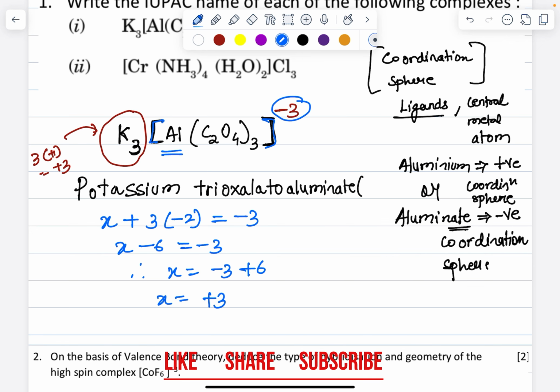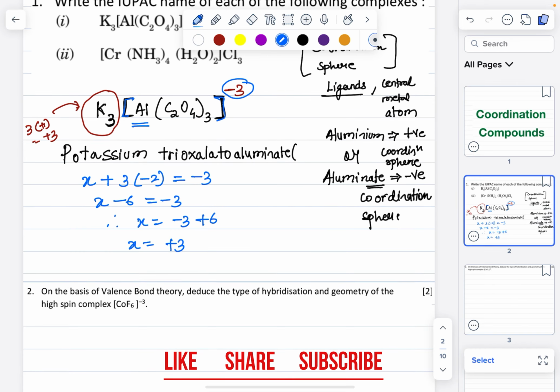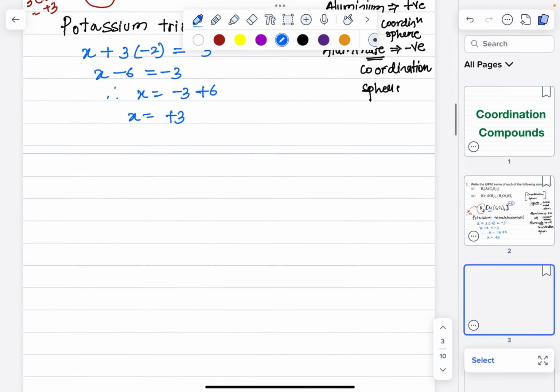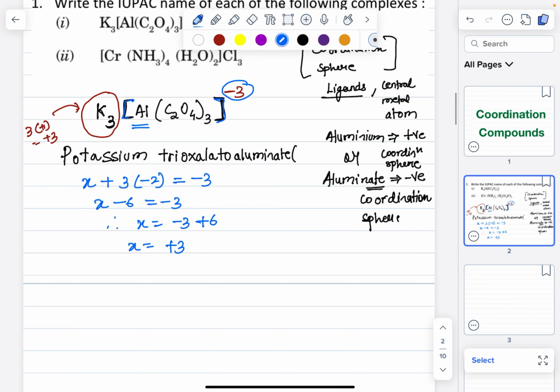Now you can also find this oxidation state another way. Some students have the habit of finding the oxidation state this way, and this is also fine, meaning you consider it continuously. You consider the potassium also. If you are considering the potassium, don't consider the negative sign, put it equal to 0, because the total charge after combination of cations and anions will be 0.